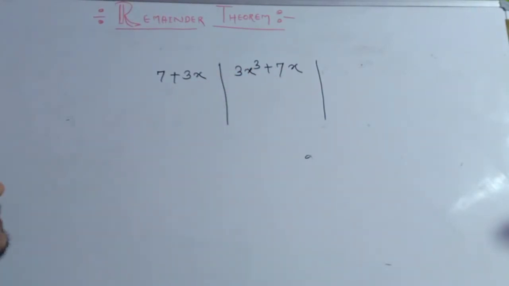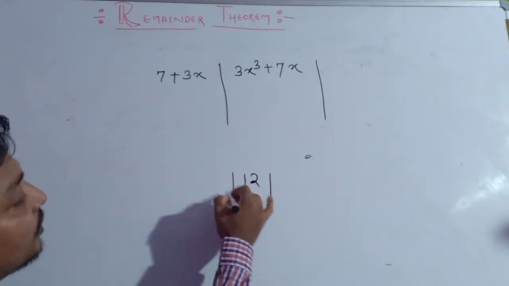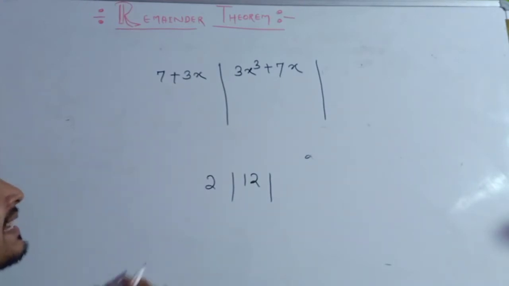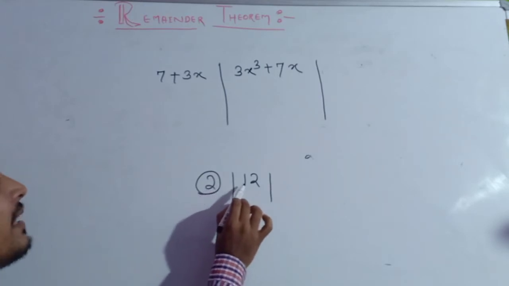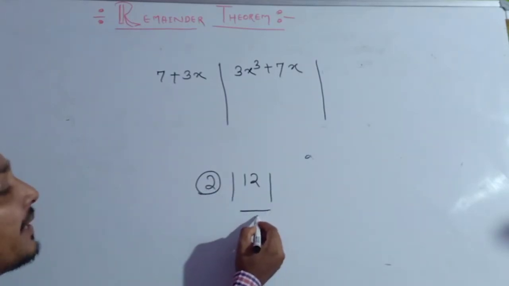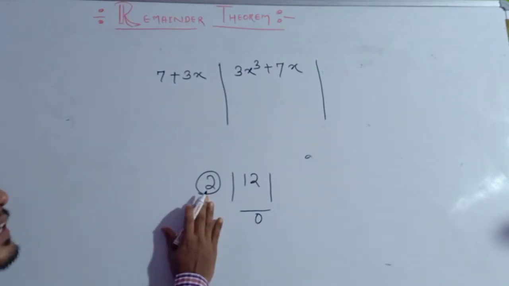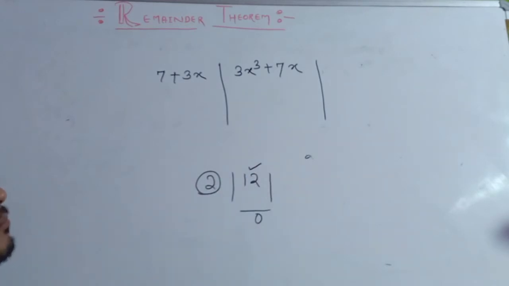Before doing this question, suppose I ask you to check whether 2 is a factor of 12 or not. One can say it is a factor only when this number divides that number and the remainder is 0. When the remainder is 0, that divisor we can call a factor. Having the same meaning, it is also called a multiple.